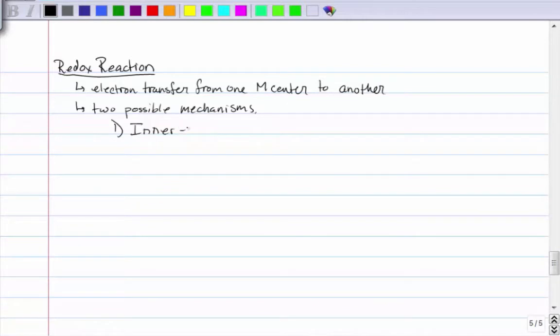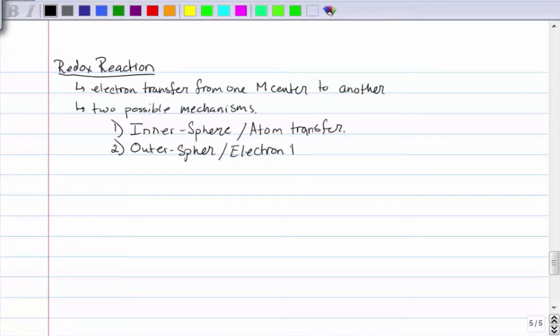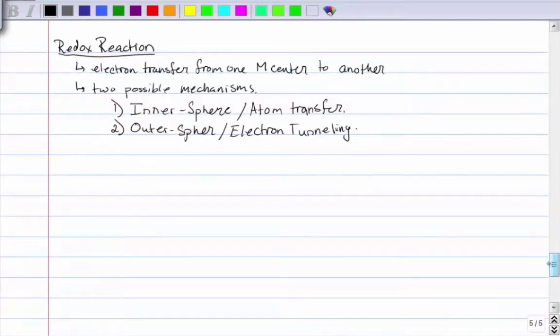There is an inner sphere mechanism that involves atom transfer. And then there's also an outer sphere mechanism, which is called electron tunneling. So I'm going to draw the cartoons of the two things happening.